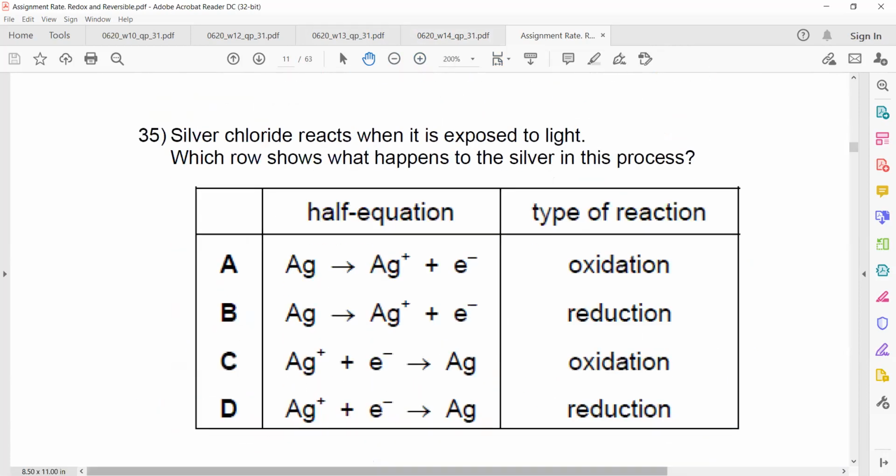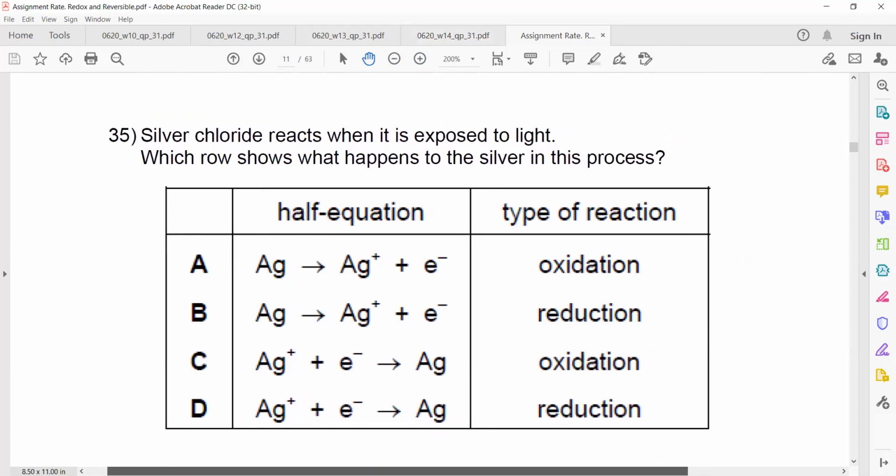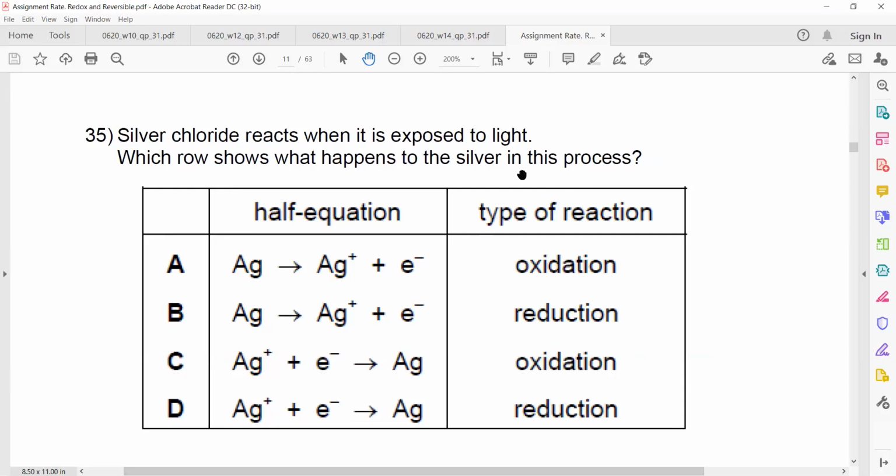Silver chloride reacts when it is exposed to light. Which row shows what happened to silver ion in the process? Basically, silver ion converts to silver atom when exposed to light. So, which one is the right statement?